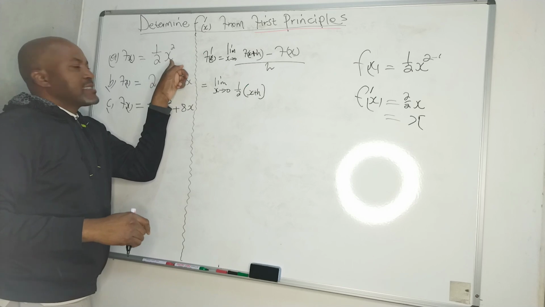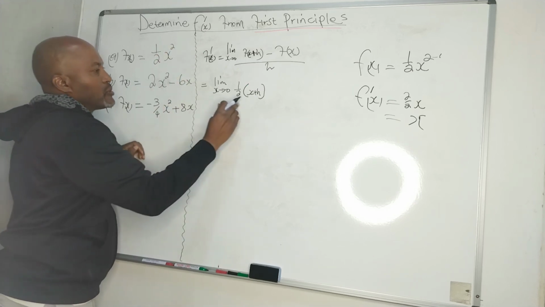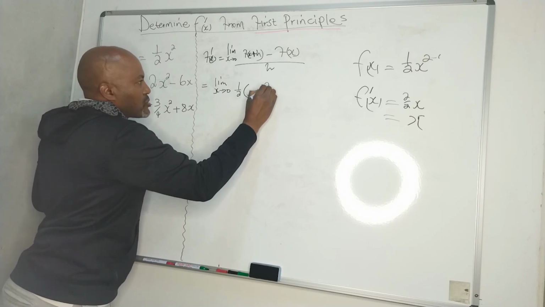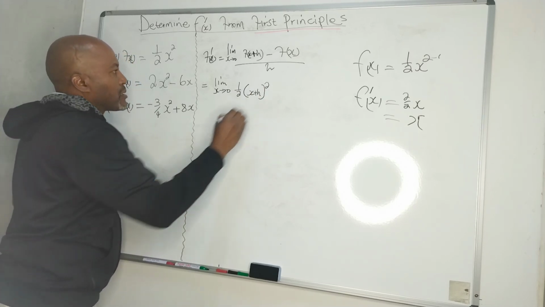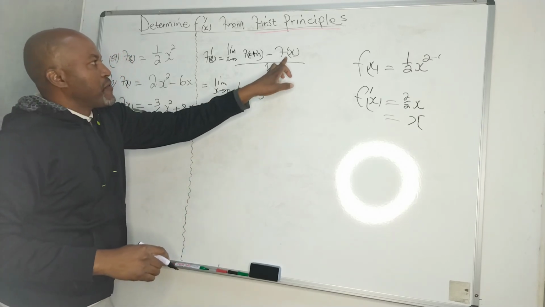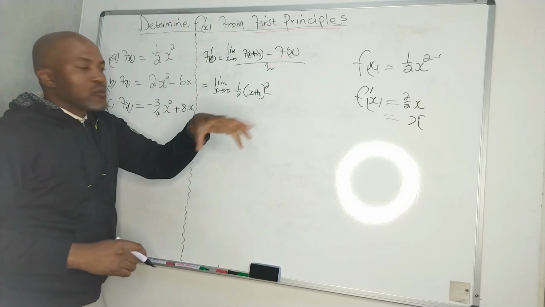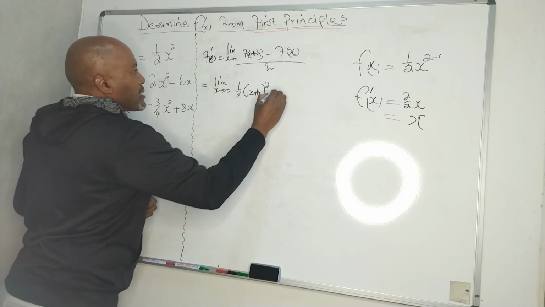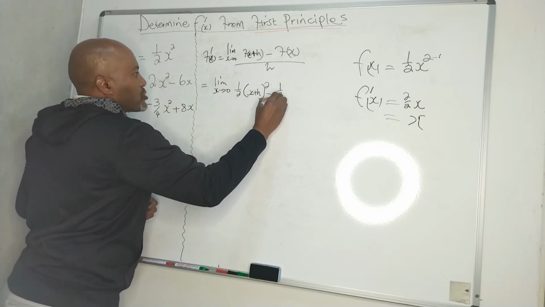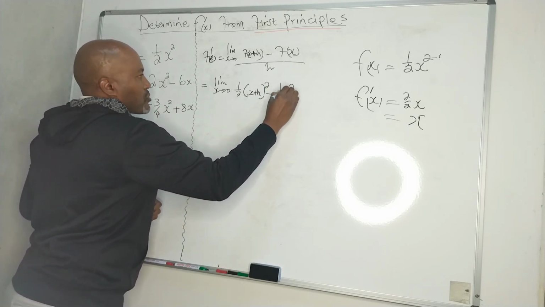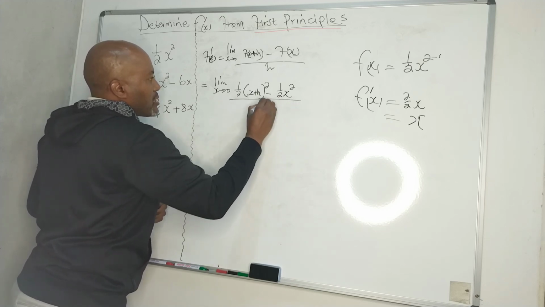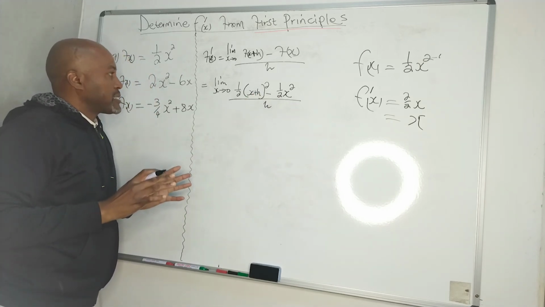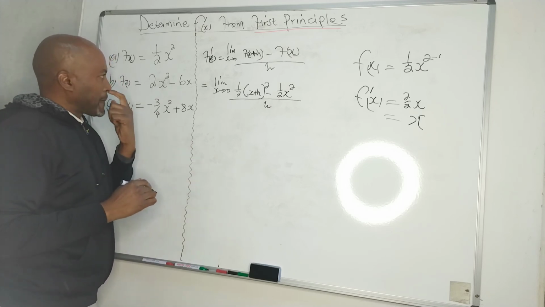But our x is squared, which means that your x plus h needs to be squared. Then minus f of x, meaning that you're going to subtract the whole function here, minus 1 over 2 x squared, all over h. Okay? I hope we are still on the same page here.